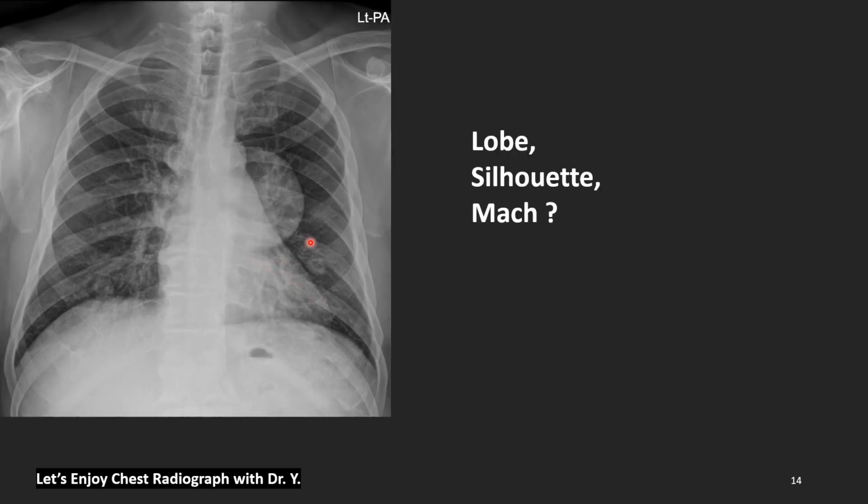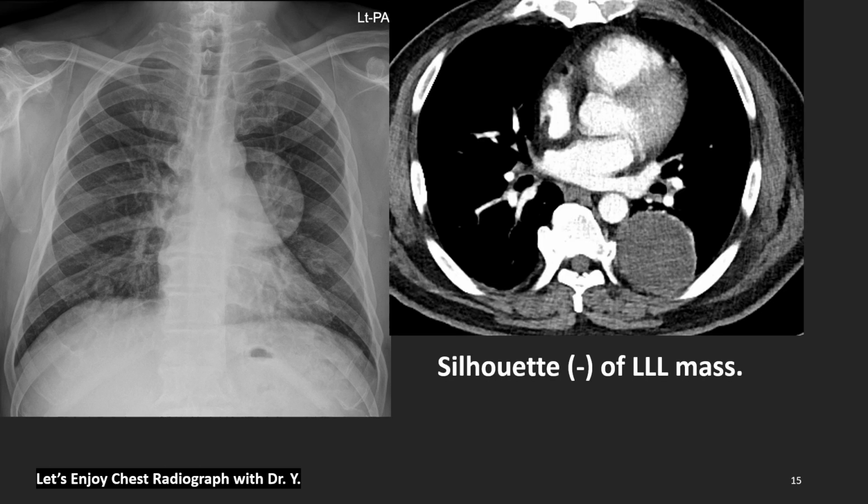Let's think about the large mass on the left side. Which lobe is this? What about the silhouette sign? Positive? Negative? And how about the Mach band sign? This is a CT axial contrast enhanced image.